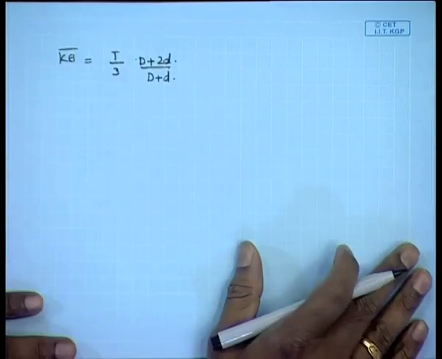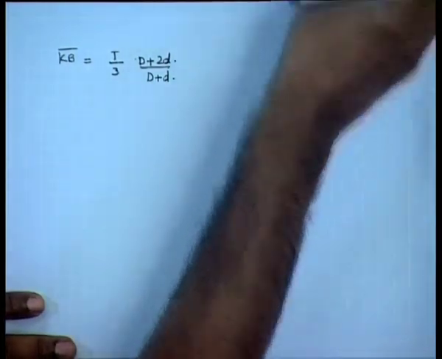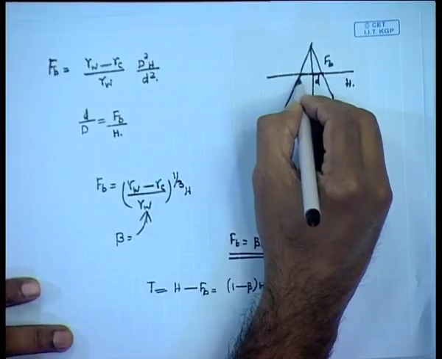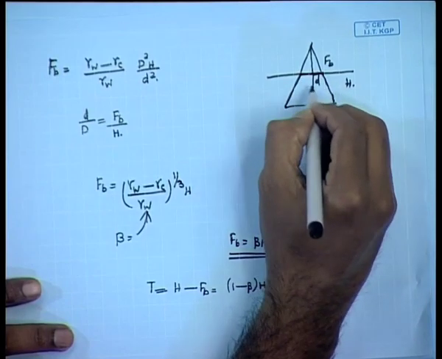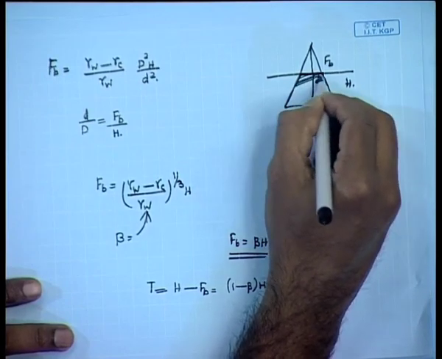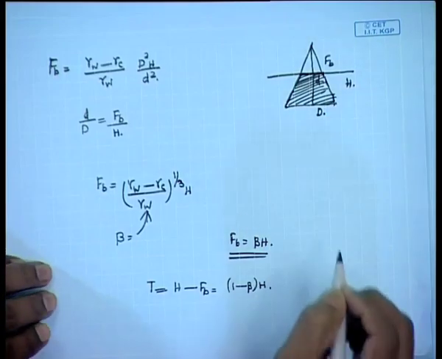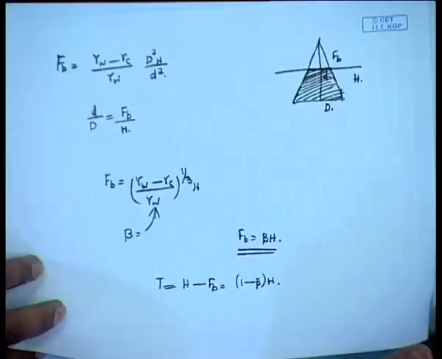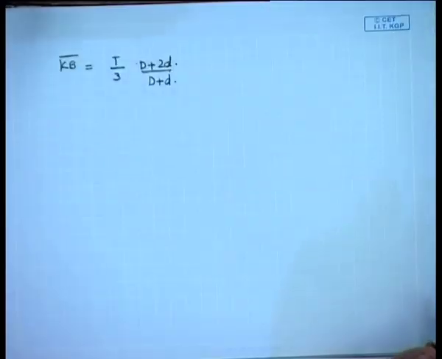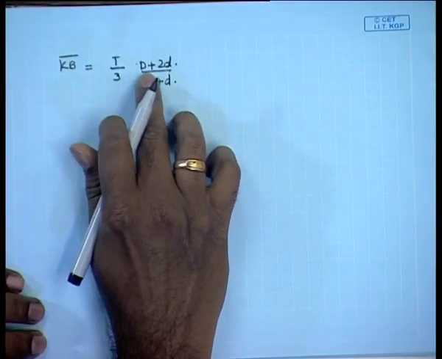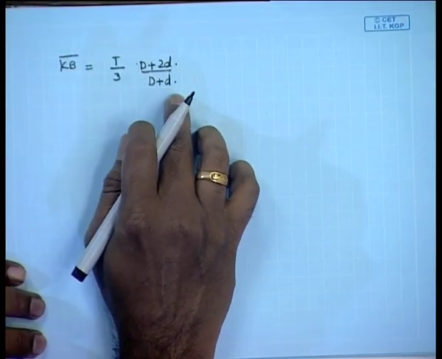So, what you really have here is the centroid of this. So, what we want is the centroid of this region. Okay. So, this region. So, the centroid of that is given by this formula d plus 2d by d plus d.